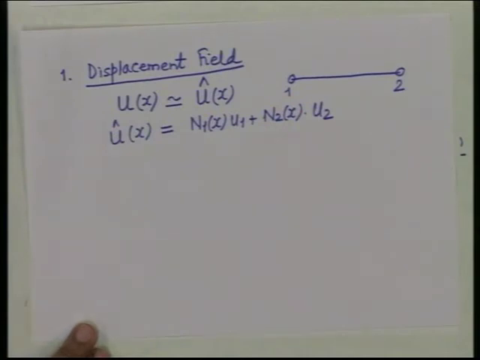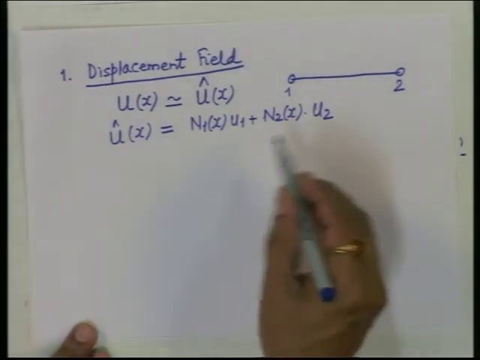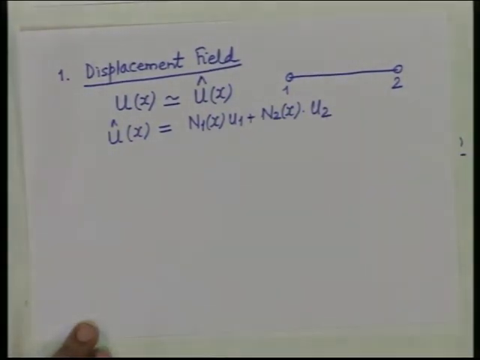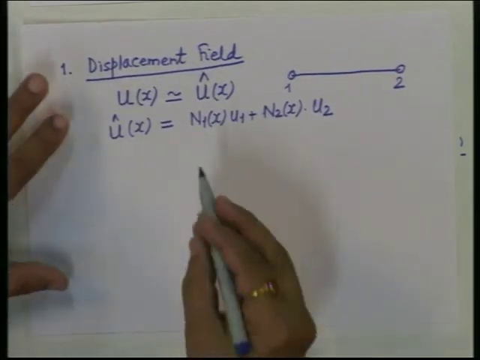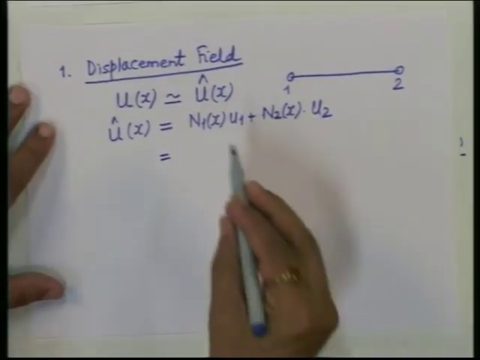So, first you establish this, and then N1, N2 consist of shape functions. How do they look? The first stage in finite element, we write this in matrix form.